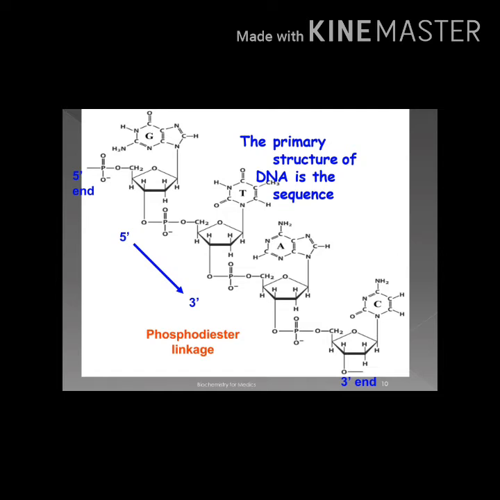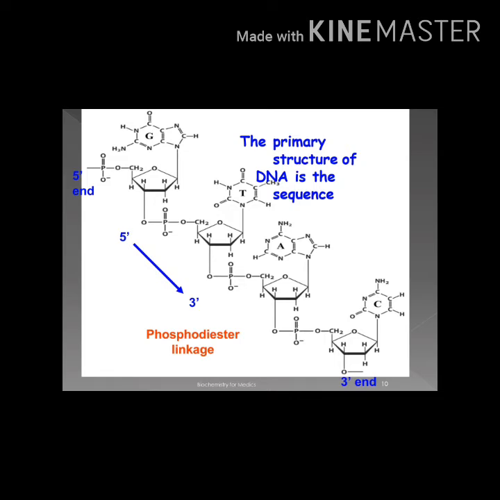So therefore the linkage between two successive nucleotides is a phosphodiester bond between the 3 prime end of the previous nucleotide and the 5 prime end of the following nucleotide.